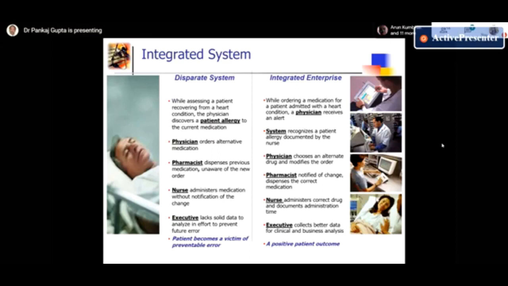So the system is intelligent. In CPOE and BCMA together, it's basically an intelligent system that is looking over the shoulder of all clinicians and asking, okay, have you double checked it? I have double checked it, but if there is something that is missing, you may want to double check. So it's sort of a mentor that is looking over the shoulder and saying, I hope you are going on the right track.